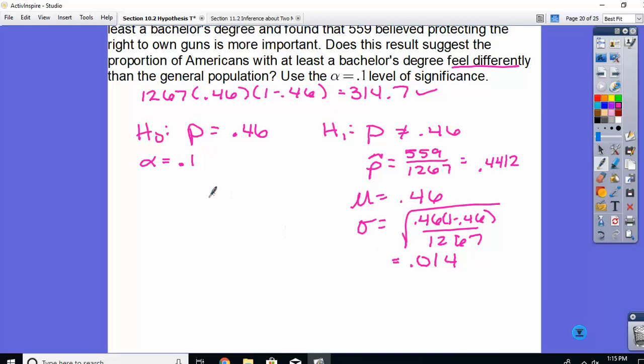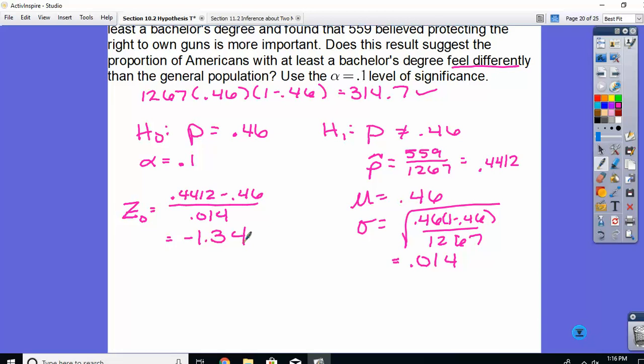Okay. Then you have to calculate your z value, which is your p-hat minus your mean over your standard deviation, and I get negative 1.34. Look familiar? That's the value that our calculator found.